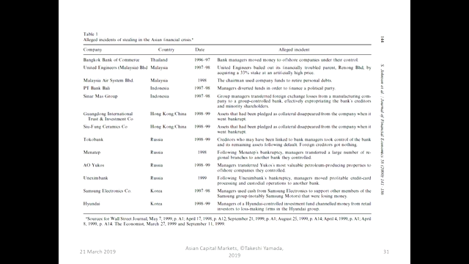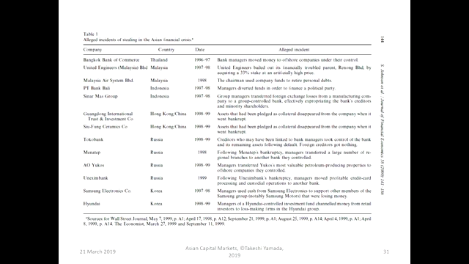And the next one is Guangdong International Trust and Investment. Assets that had been pledged as collateral disappeared, okay? Su Fun Ceramics, Hong Kong, China, assets also disappeared. Toko Bank, Russia, creditors who may have been linked to bank managers took control of the bank and its remaining assets following default.